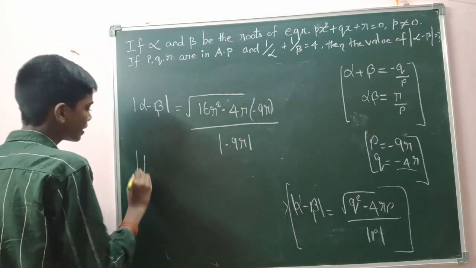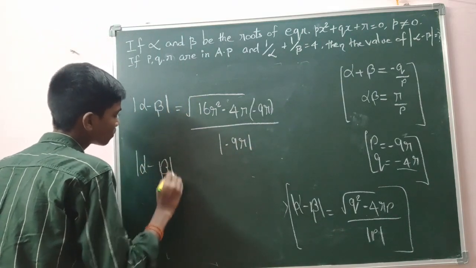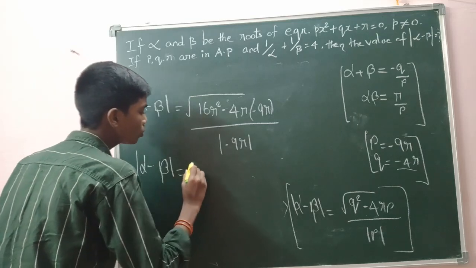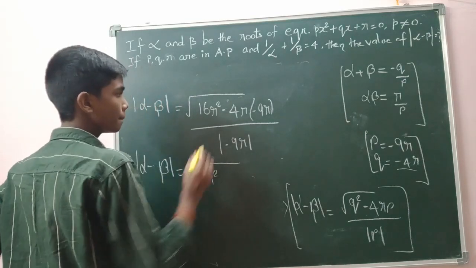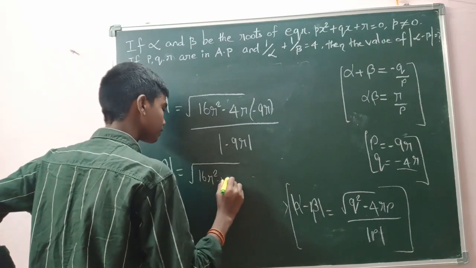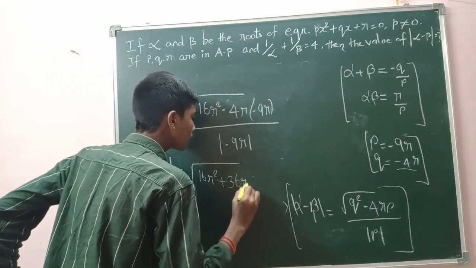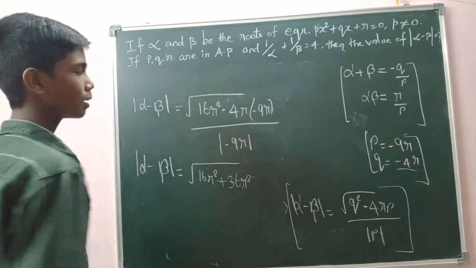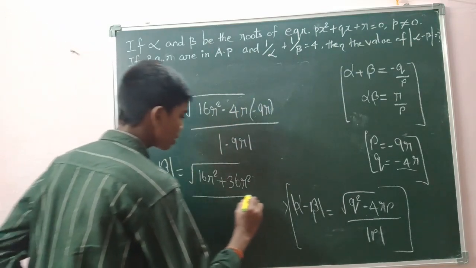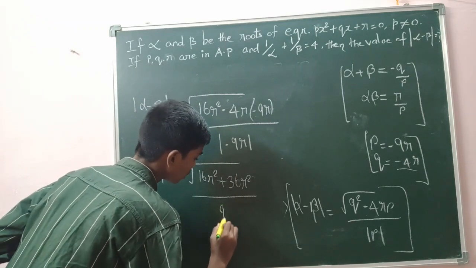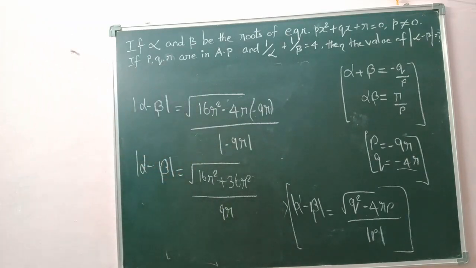So therefore I will get modulus of alpha minus beta will be root of 16r square plus 36r square. Correct now? Because minus 4r into minus 9r is plus 36r square. Then divided by mod of 9r will be 9r only. Correct now? Correct or not?